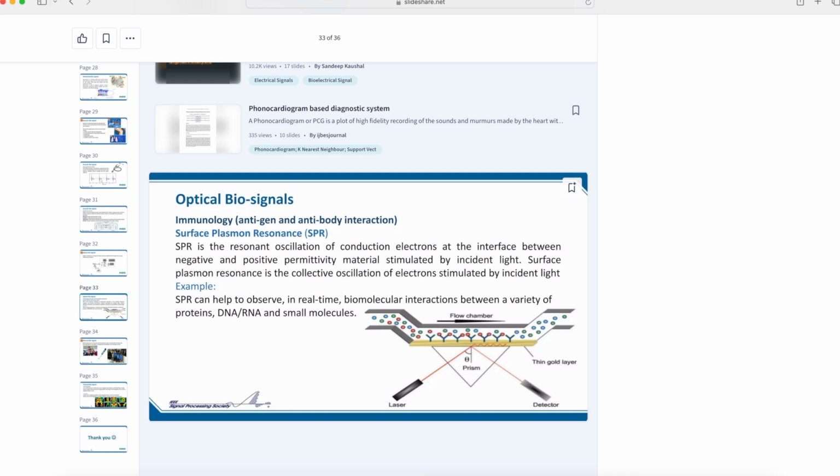Surface plasmon resonance is the collective oscillation of electrons stimulated by incident light. Example: SPR can help to observe in real time biomolecular interactions between a variety of proteins, DNA, RNA, and small molecules.